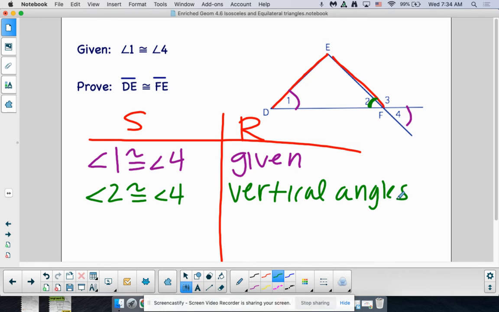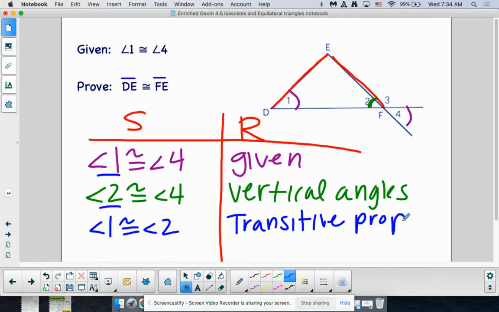And then we haven't seen this property in a while, but we love it. If angle 1 is congruent to angle 4 and angle 2 is congruent to angle 4, what two angles are congruent? Angle 1 and angle 2, you're right. Remember what property that is? That's our transitive property. Yep, sure is.